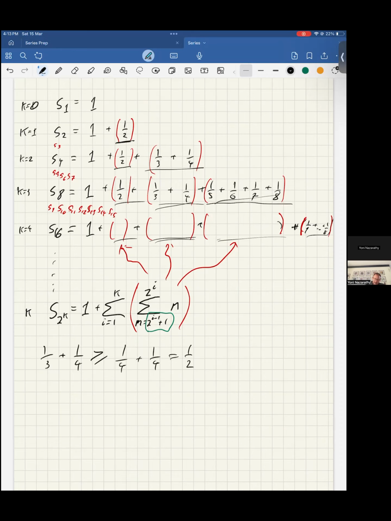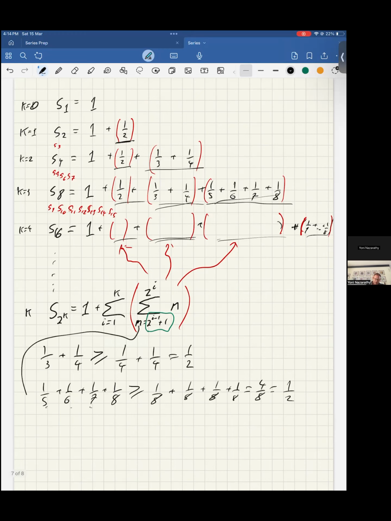And let's look at this guy: a fifth plus a sixth plus a seventh plus an eighth is greater than or equal to an eighth plus an eighth plus an eighth plus an eighth. So we've lower bounded each of those terms, and that's 4/8, that's a half. So each of these guys has a lower bound of a half.